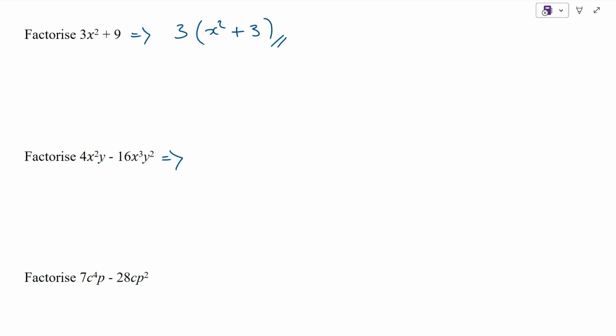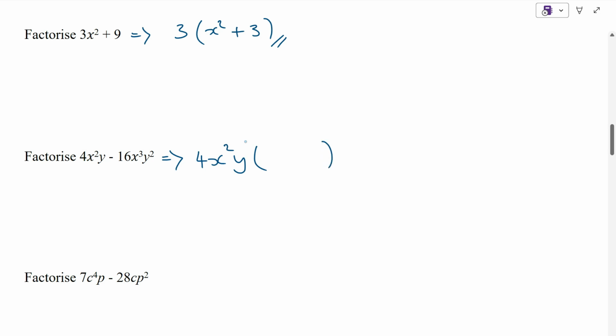So here we have more letters to deal with, so let's break this down one by one, starting with the coefficient. The largest number that goes into both 4 and 16 is 4. The maximum value that goes into x squared and x cubed is x squared. And the maximum value that goes into y and y squared is just going to be y. Okay, so now we add in our open bracket.